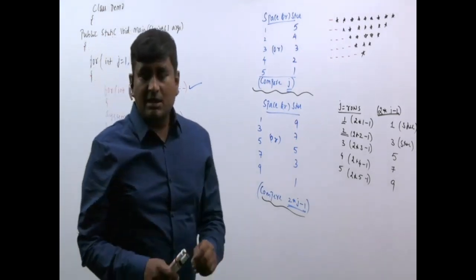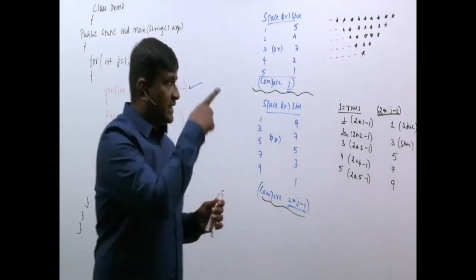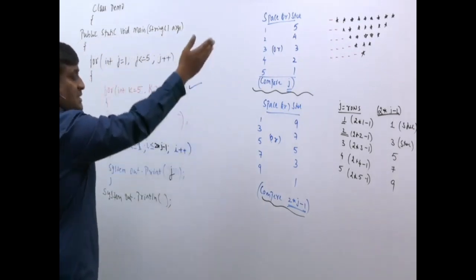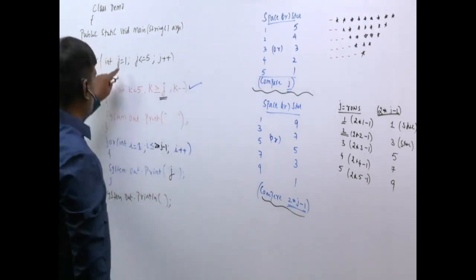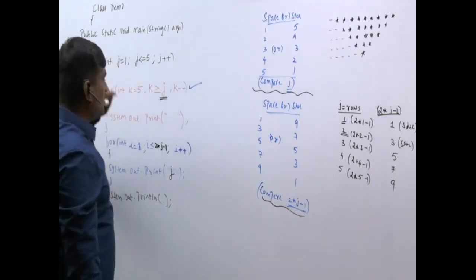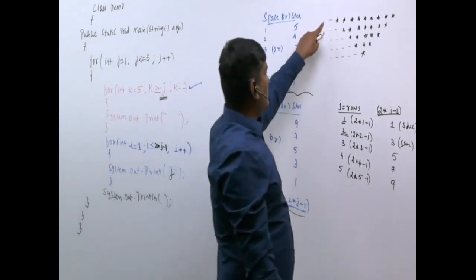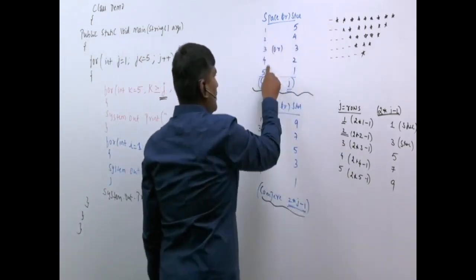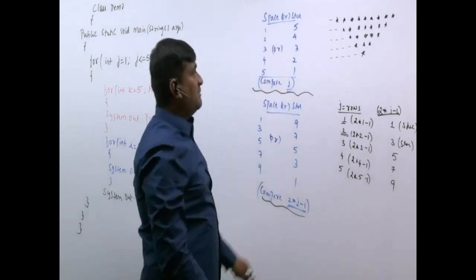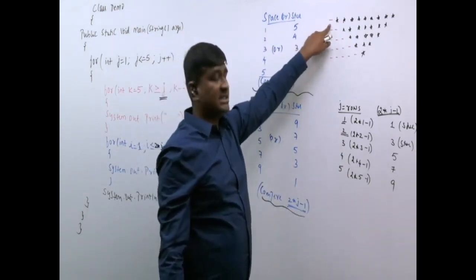Now I will start altering the previous program to get this output. Since there are 3 pieces of information, there are 3 for loops: 1 for row, space, and star. No change in the rows. When I come to the space part, tell me in which fashion it is changing. 1, 2, 3, 4, 5. So 1, 2, 3, 4, 5 means compare with what? J. But before that, since it is changing, look at the first line.